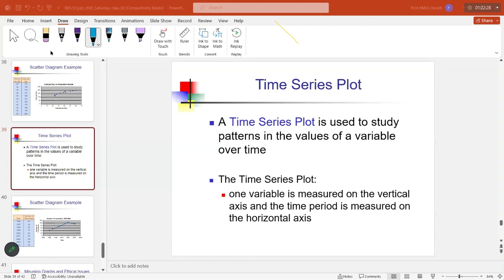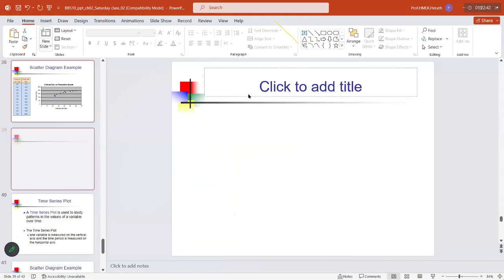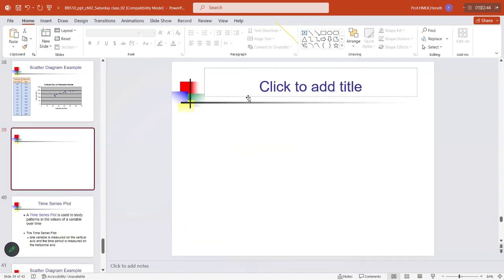Well, before we talk about a time series plot, we need to talk about what time series data are. If you don't know about that, it's hard to understand. So what are time series data?